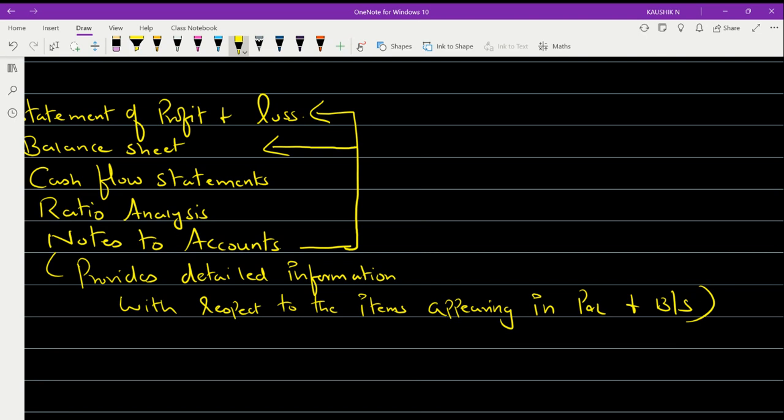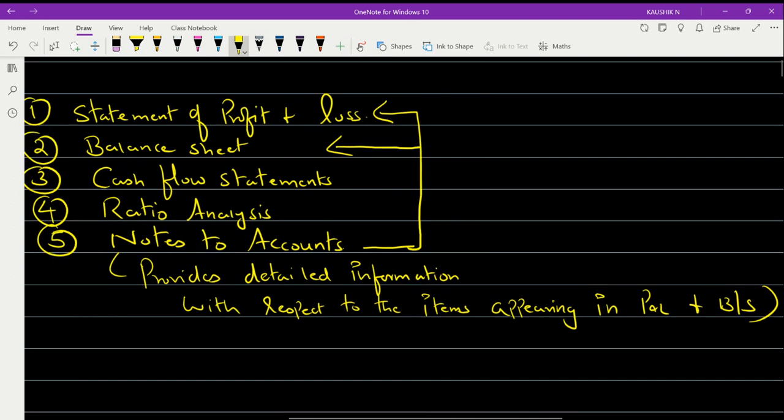That is the reason you will find it as a common item when you prepare the statement of P&L and balance sheet.